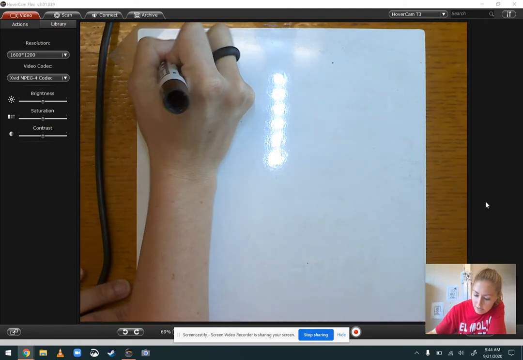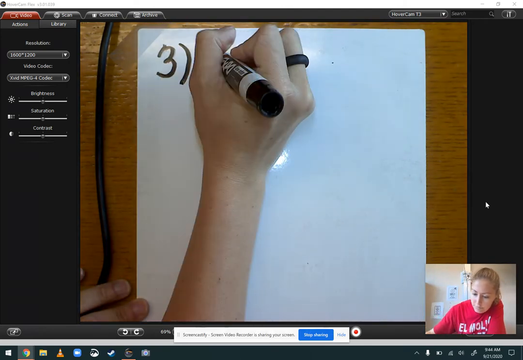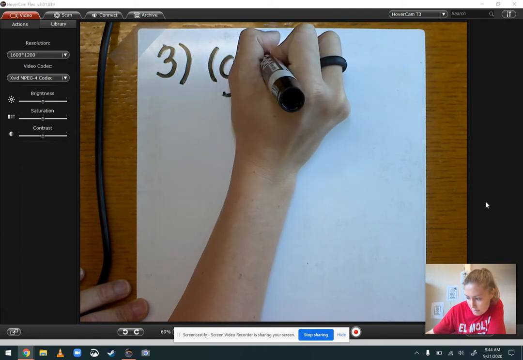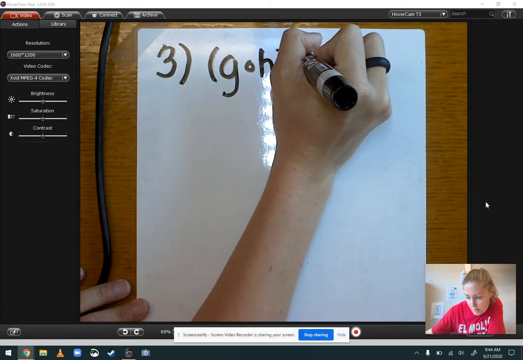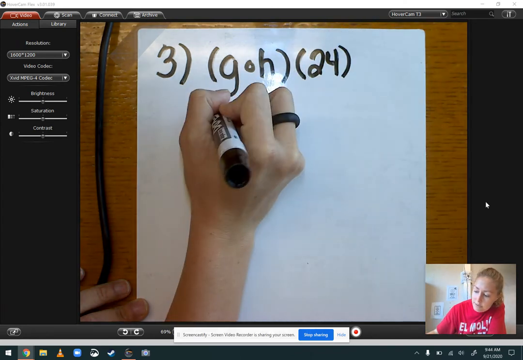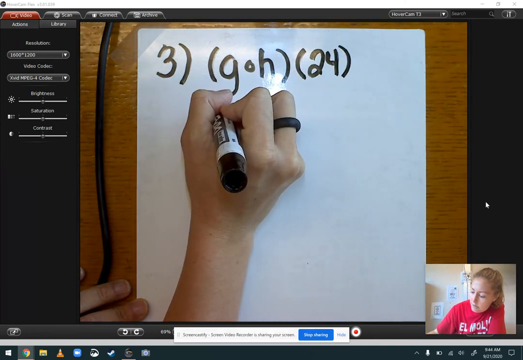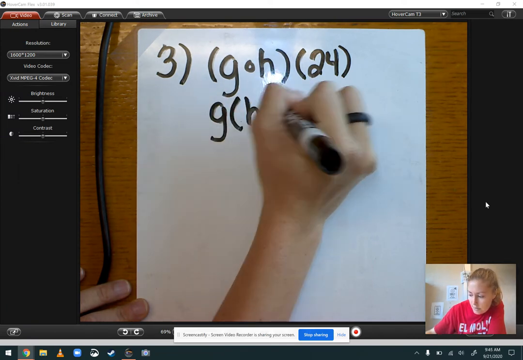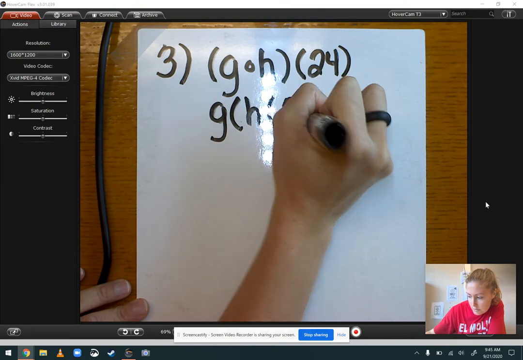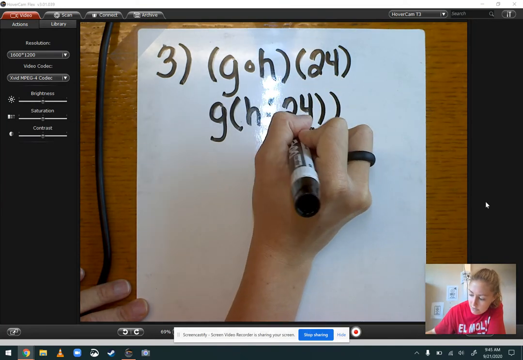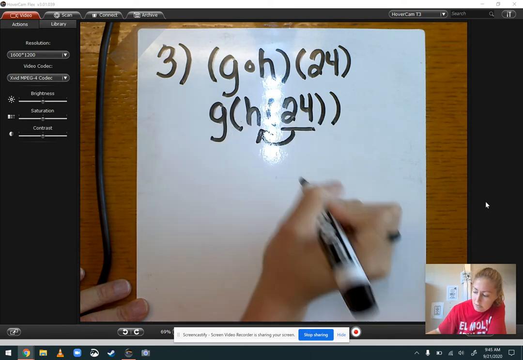Okay, let's look at number 3. G, that little circle we talked about, H of 24. This is the same as g of h of 24. I'm going to start by plugging the 24 into the x value of h.